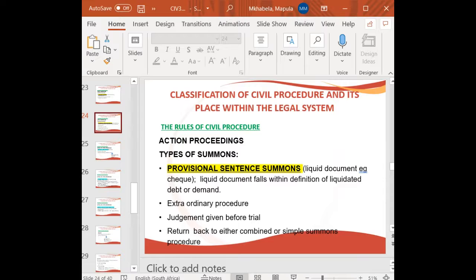Notice that the cause of action is based on the liquid document, the document where a debtor acknowledges by means of a signature his liability for the payment of an ascertainable amount of money. After the provisional sentence judgment is rendered, the proceedings go back to normal procedure by either a combined or a simple summons.